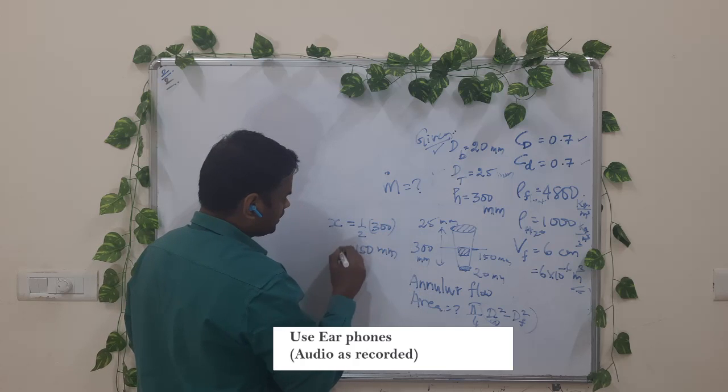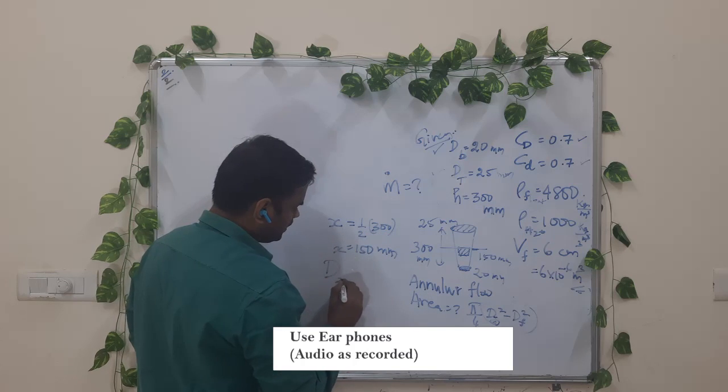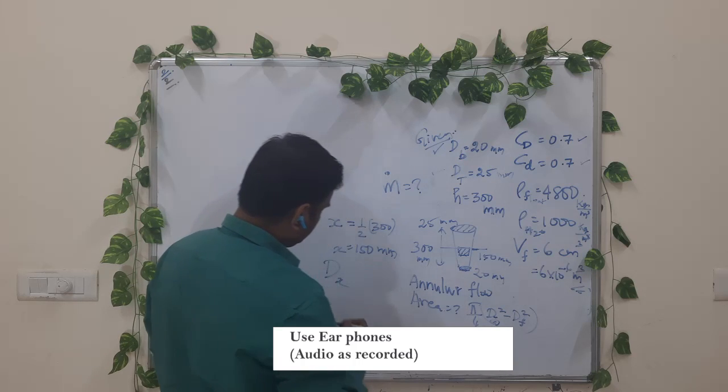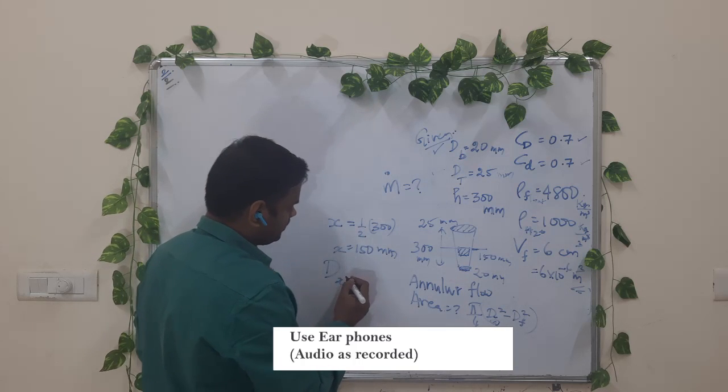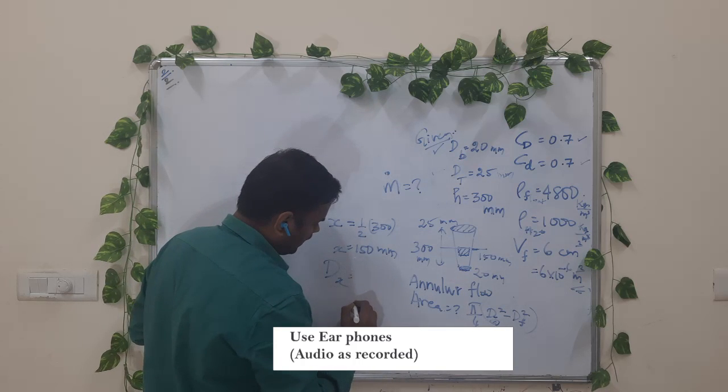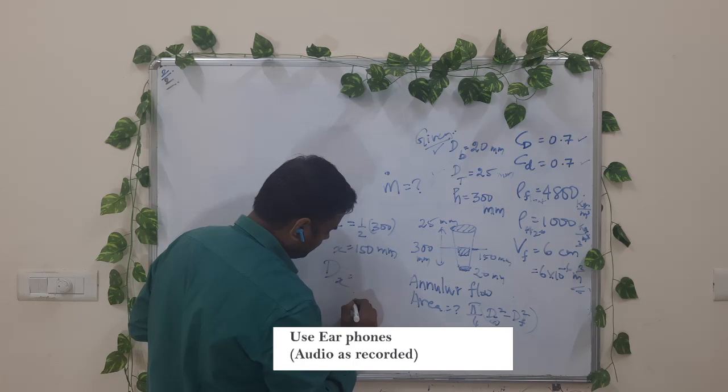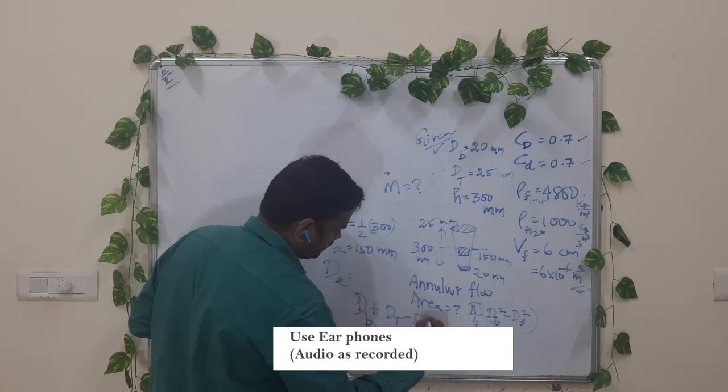When x equals 150 mm, what is the diameter at this x? We have seen that the diameter at any position x equals the diameter of the bottom plus the diameter of the top minus the diameter of the bottom, into x by h.